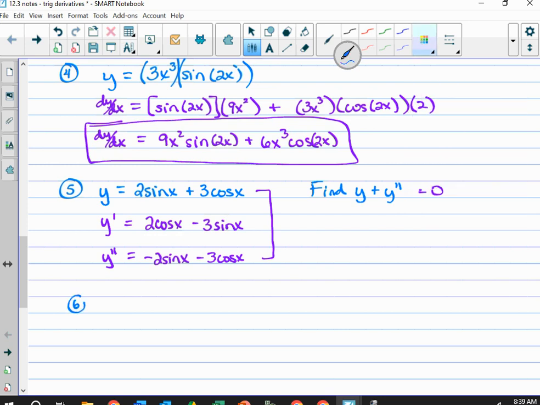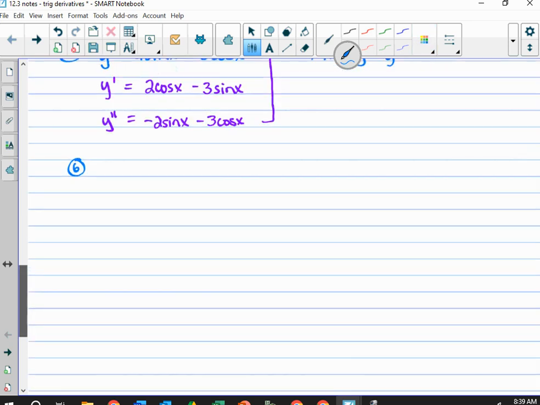All right, let's try again. Back to find dy dx for me. Your y is equal to sine cubed of 2x to the 4th.